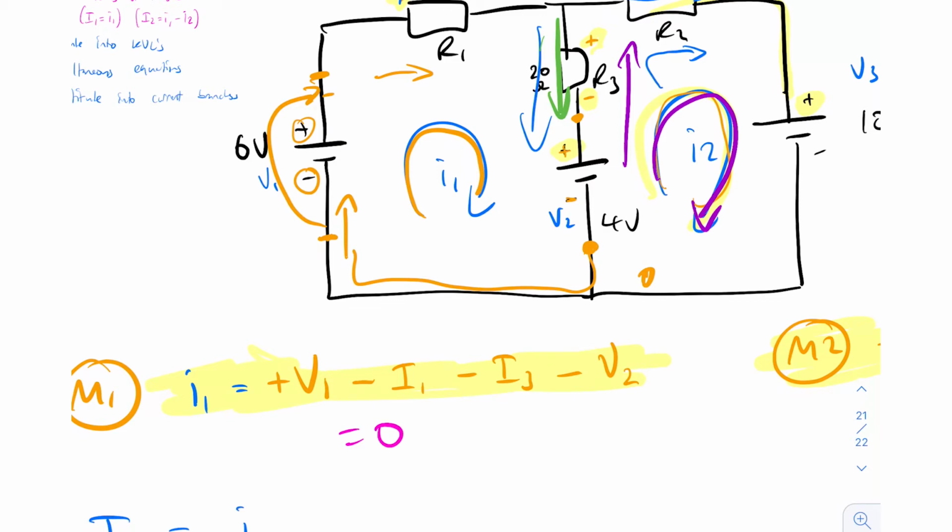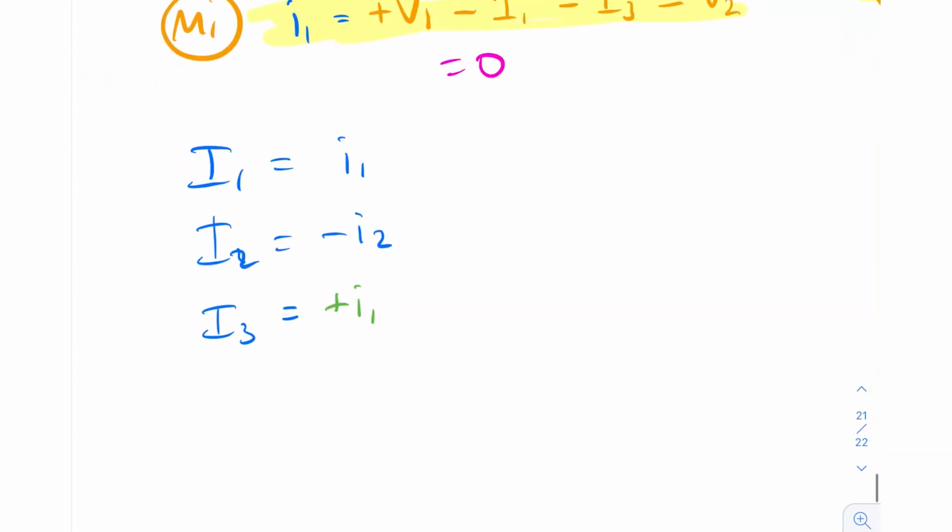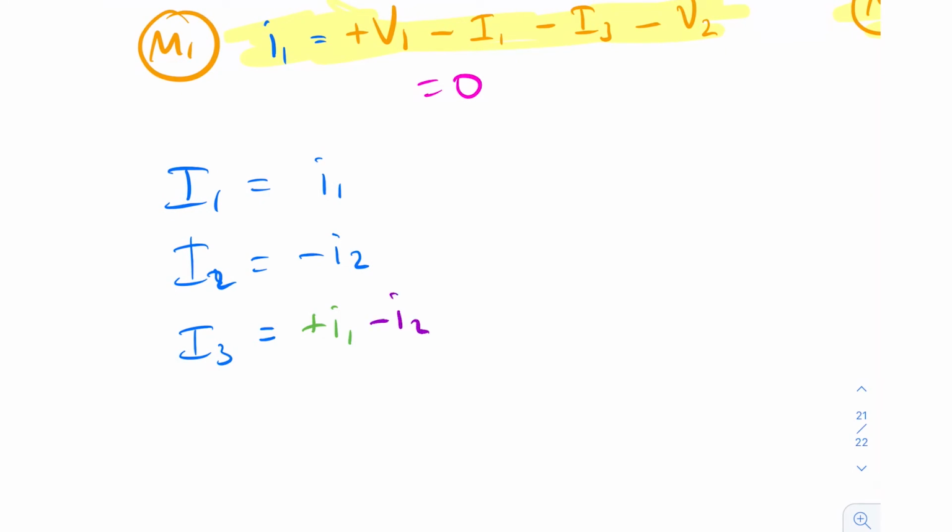So we have a negative current, minus I2. We've got plus I1 minus I2, and we can put that in brackets. So now we've got the current through resistor R1 in terms of meshes is I1. The current through resistor R2 is minus I2, and the current in resistor R3 is the mesh I1 minus the mesh I2.